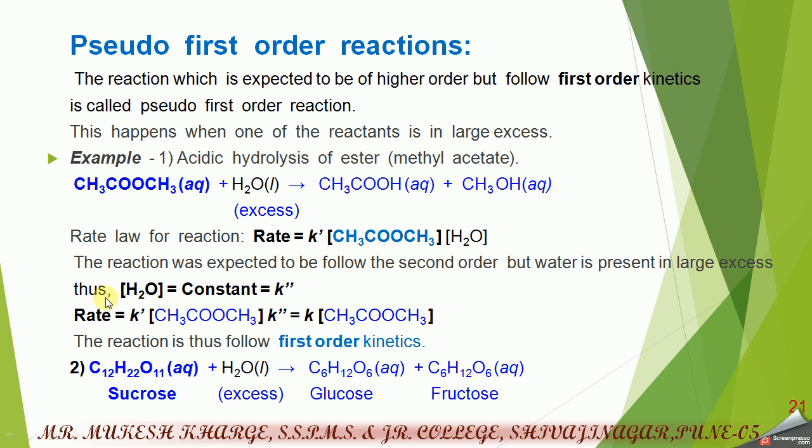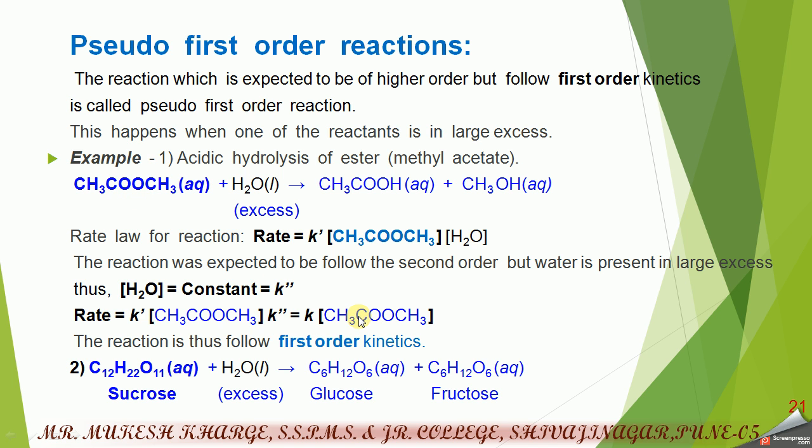So our rate law expression becomes rate equals K dash into concentration of methyl acetate into K double dash. K dash into K double dash is nothing but a new constant K. So rate becomes K into concentration of CH3COOCH3. So in the final rate law expression, only the concentration of methyl acetate is present.